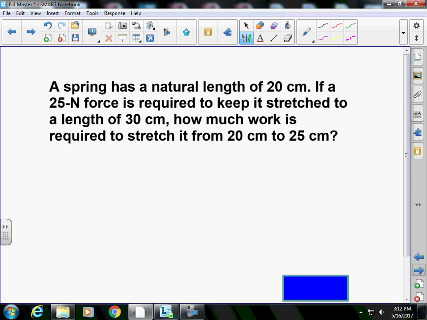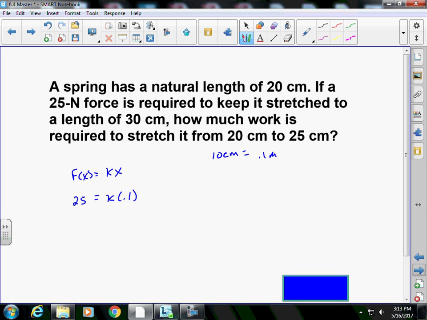So, again, we know that 10 centimeters is equal to 0.1 meters. We know that f of x is equal to kx. We know there's 25 newtons is the force. It's going beyond its natural length by 0.1, right?